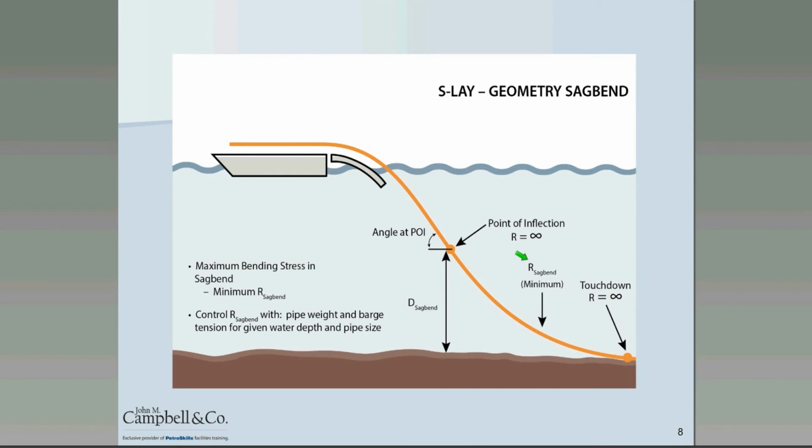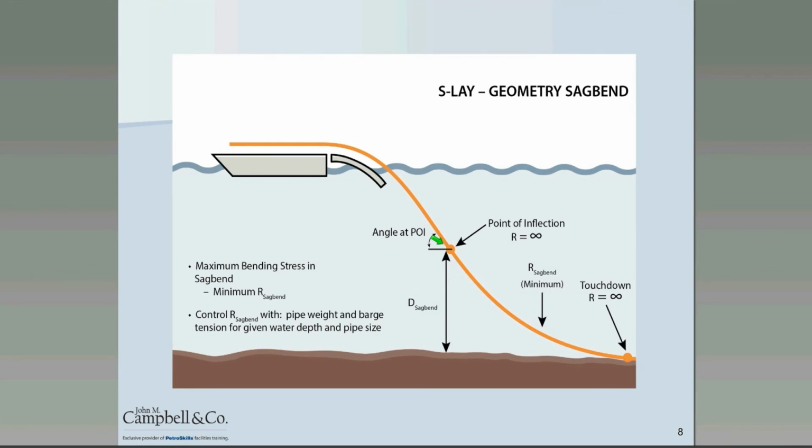Again, because of the geometry, up to the point of inflection, there will be a lifting or elevation change at the end of the pipe, the sag bend. And then if we look at the point of inflection, this angle and the elevations need to be consistent with matching what's happening in the sag bend.